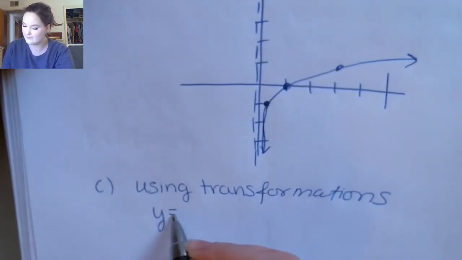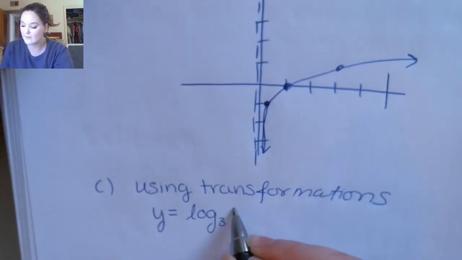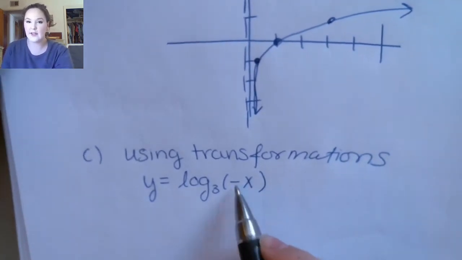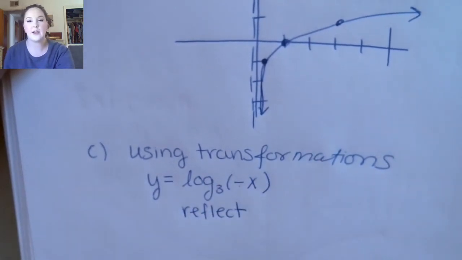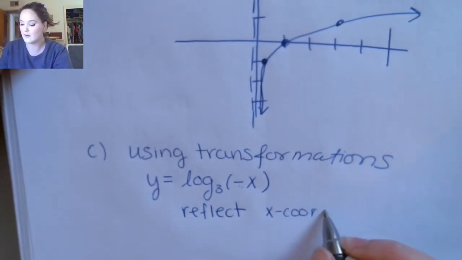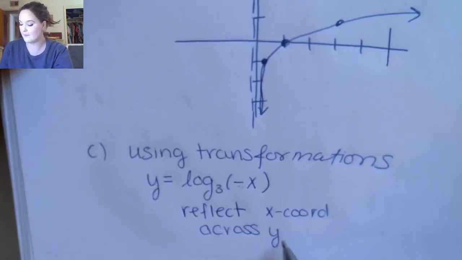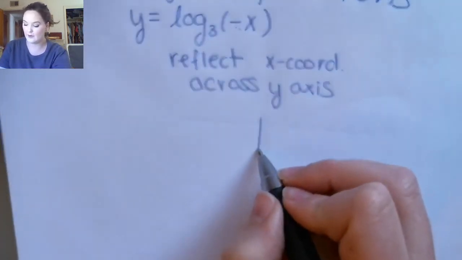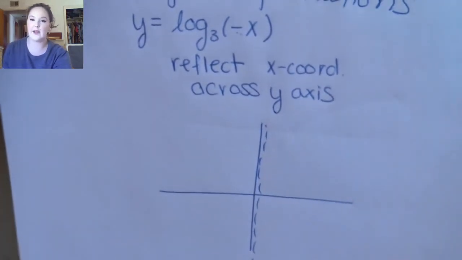All right, so now that we have this base graph, let's use it to do some transformations. So there's this negative sign. We know that means reflect. And because it's inside the function, we're going to reflect the x coordinates, which is going to be across the y-axis. So let's look at what our graph is going to look like. The dotted line is still along the y-axis.